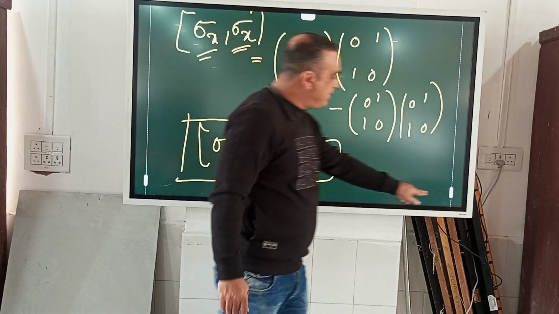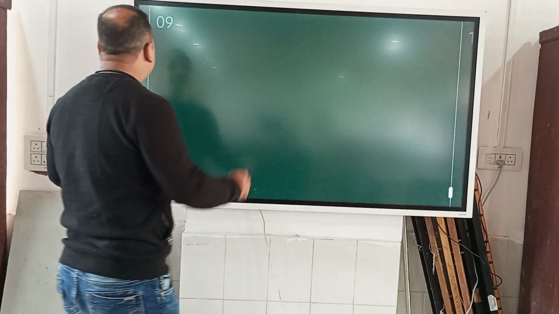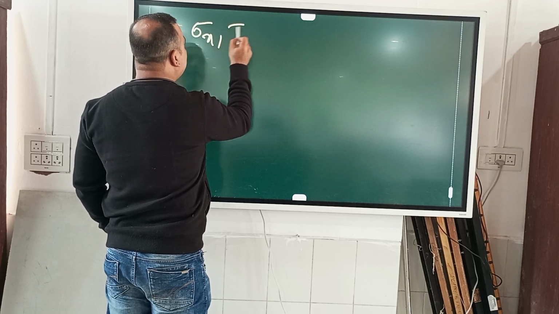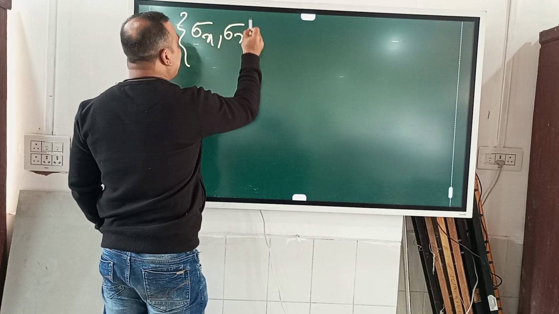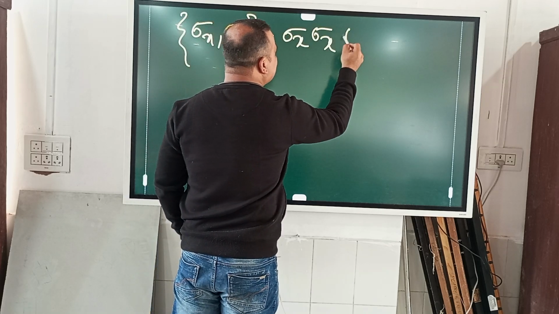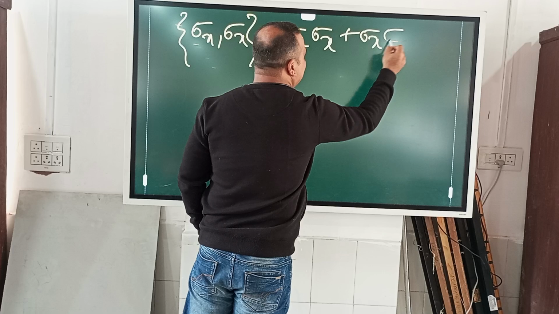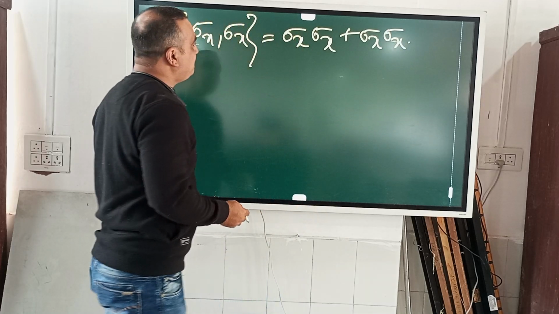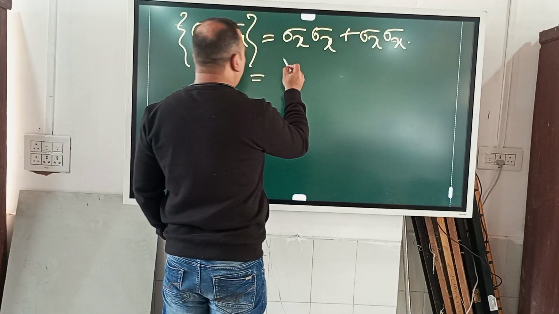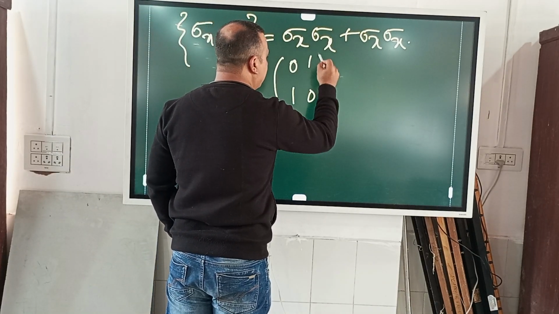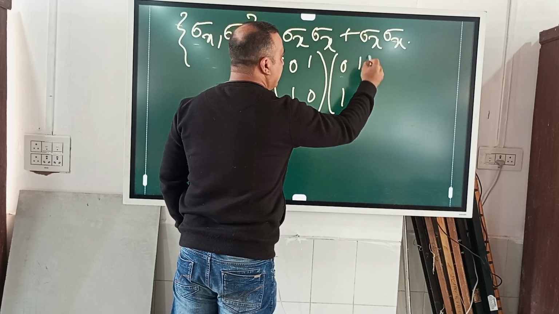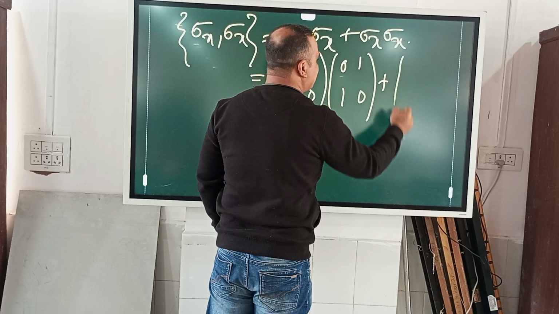Doing the same exercise for the anti-commutation between sigma x and sigma x, we'll have sigma x sigma x plus sigma x sigma x. And what you will do is multiply. What is this? This is 0, 1, 1, 0, then again 0, 1, 1, 0, plus again the same thing.